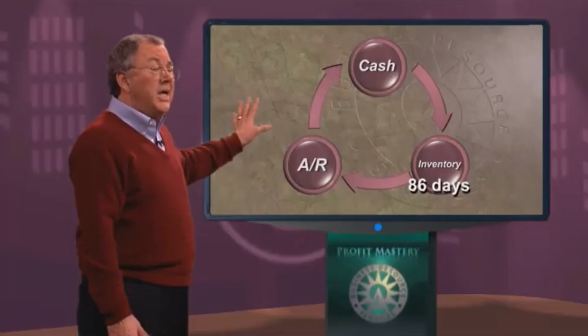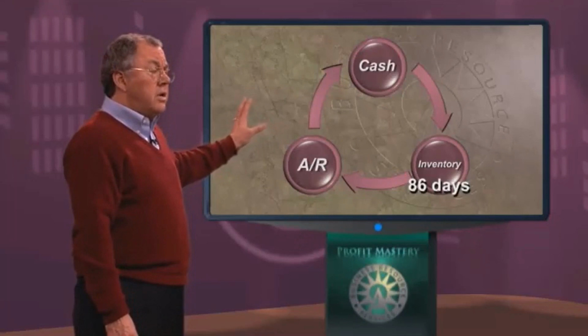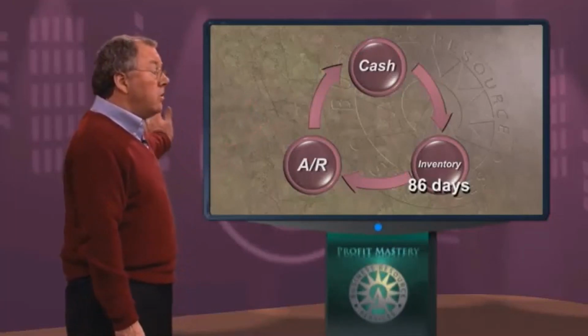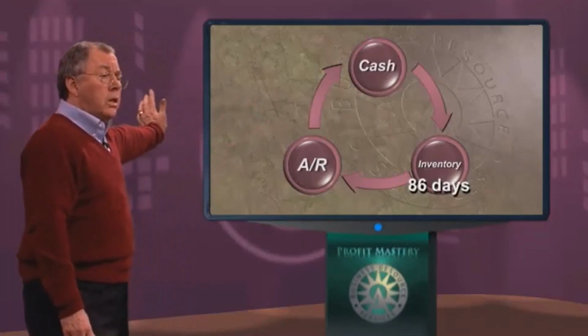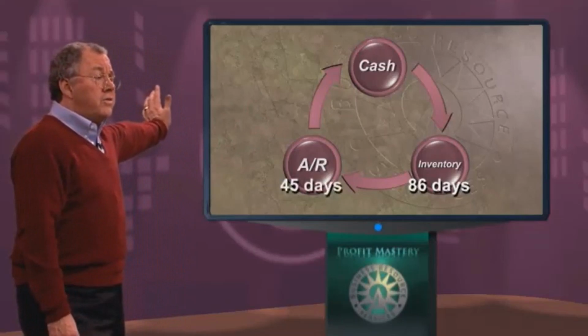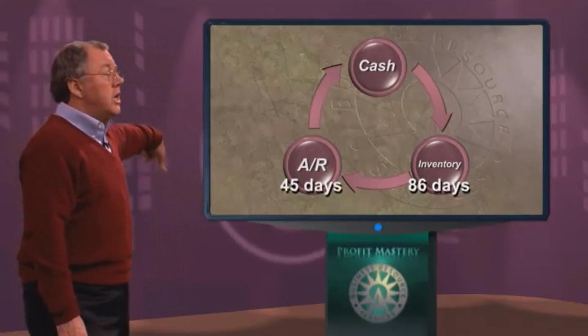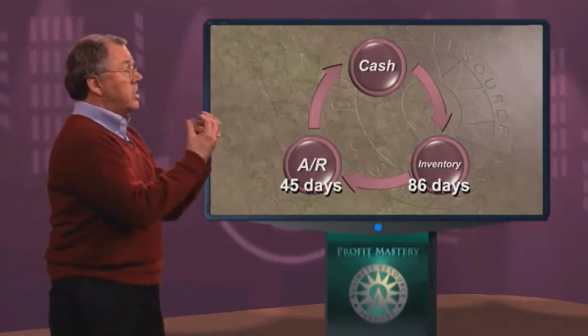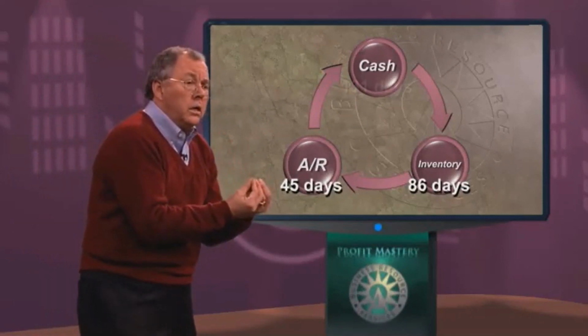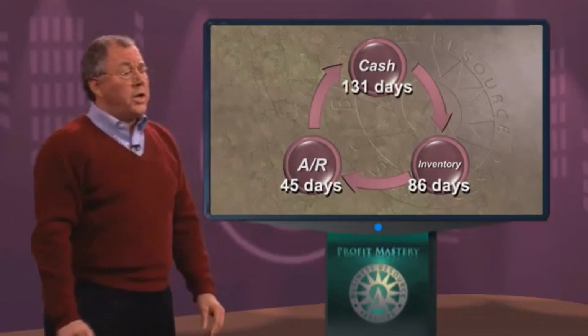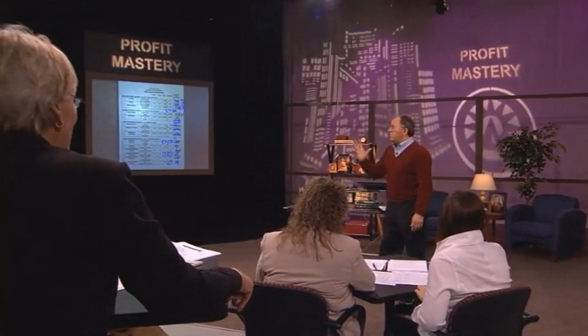Isn't that right? And then he sells it. And then down in ratio number 12, how long is it sitting as a receivable? 45 days. How long is the dollar gone before it comes home to mama? 131 days. And what does he do in the meantime? He sucks air.